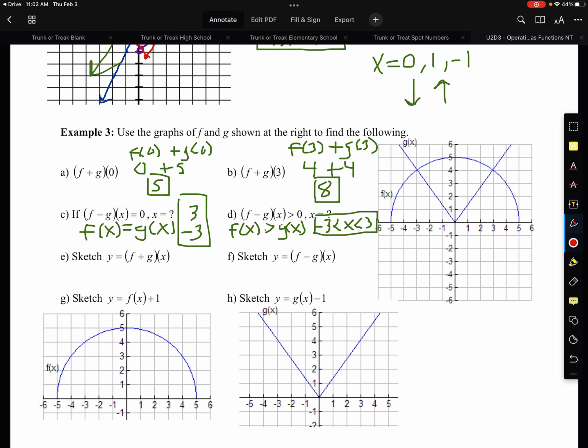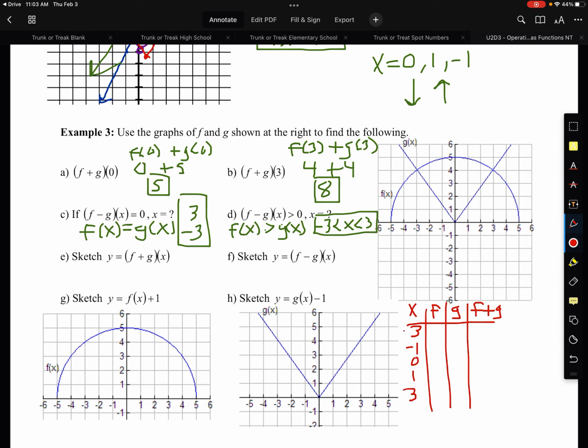I'm going to draw a table over here: X, F, G, and we get F plus G. So I go negative 3, negative 1, 0, 1, 3. Looking at my graph, for F at negative 2, I'm going to change it and make it negative 3. That's an actual nice point. Same thing there. So I got negative 3 and 3.